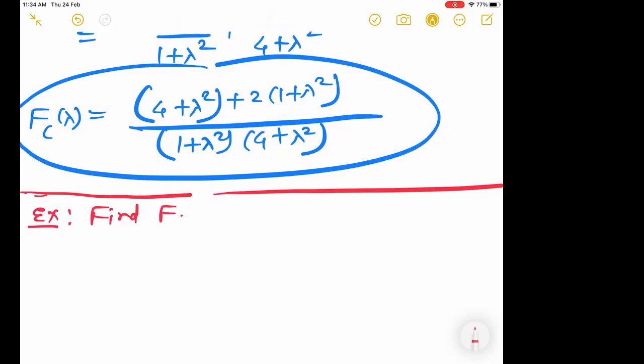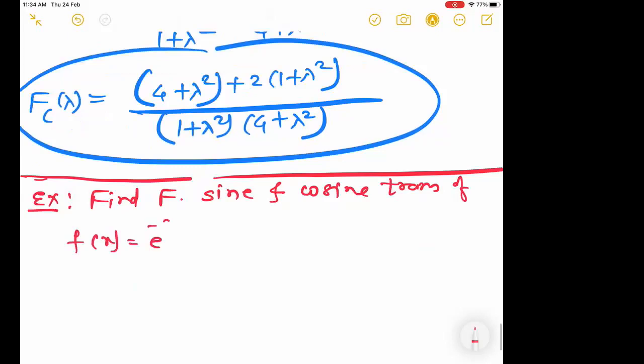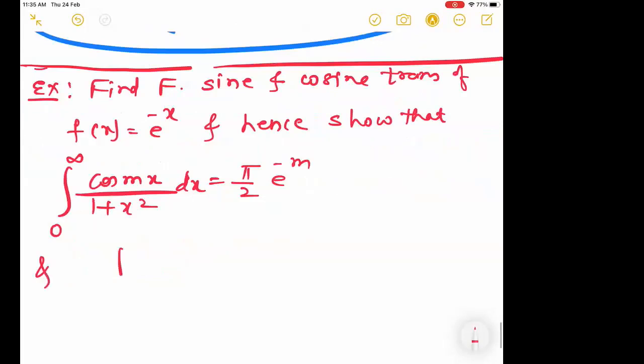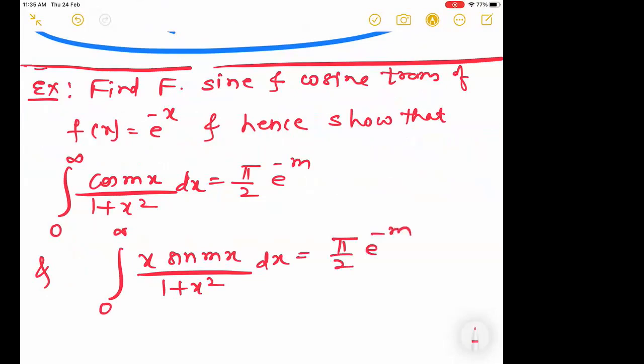Find the Fourier sine and cosine transform of f(x) equal to e raised to minus x, and hence show that integral 0 to infinity cos mx upon 1 plus x square dx is equal to pi by 2 e raised to minus m, and one more integral, x sin mx upon 1 plus x square dx, 0 to infinity limits, is equal to pi by 2 into e raised to minus m. Both the integral answers are the same.